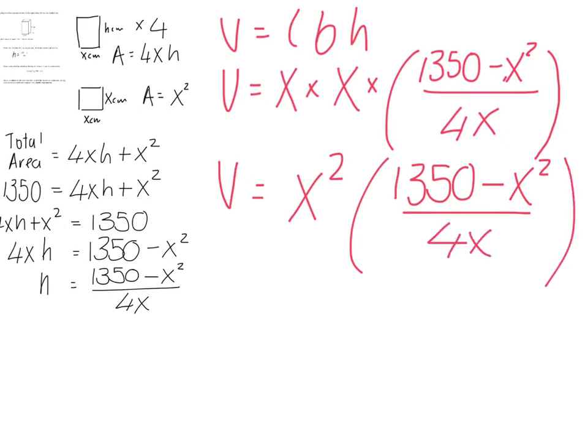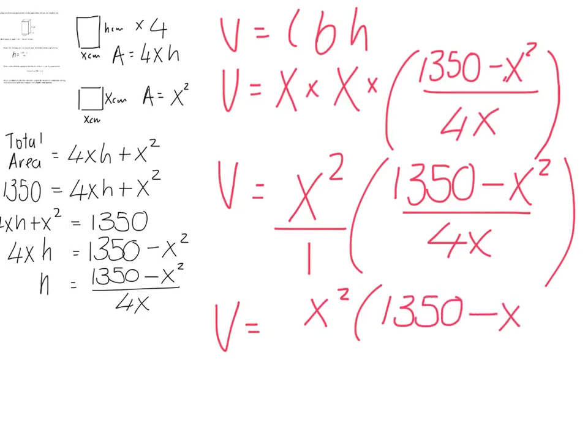If we then multiply that out, we then get V equals, and this is like x squared over 1. So on the top line we get x squared multiplied by the top of the fraction, which is 1350 minus x squared. And on the bottom, 1 times 4x, which is 4x.